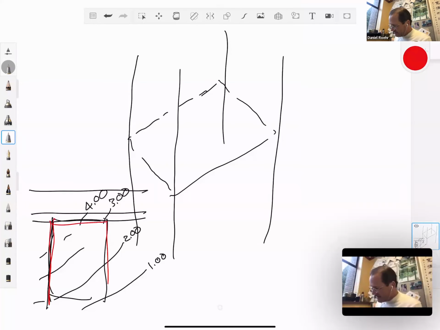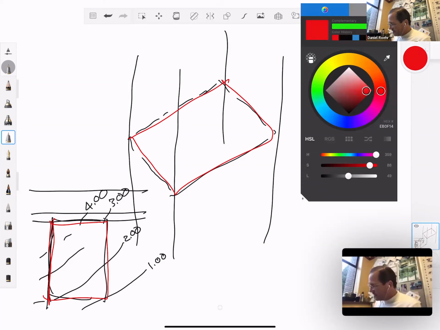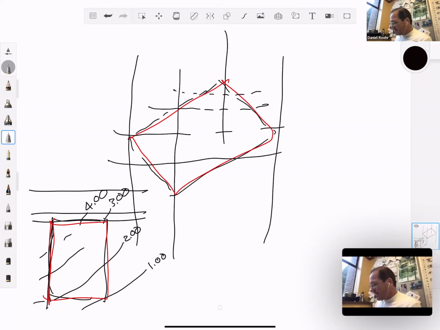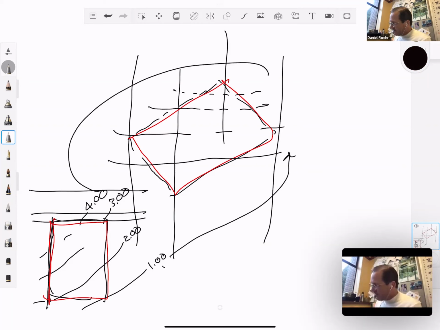So here's the site. Then you put the grades in, and I will draw the grades black. The contours, so there are the contours. And then you know if this is 1 and this is 4, it will slope, and it slopes angled. You can go higher here, it will slope a bit down and then even more down. That's what it looks like. I draw this with a fat pen.